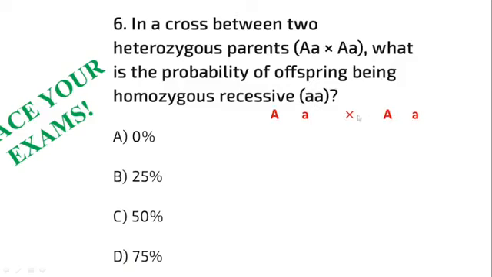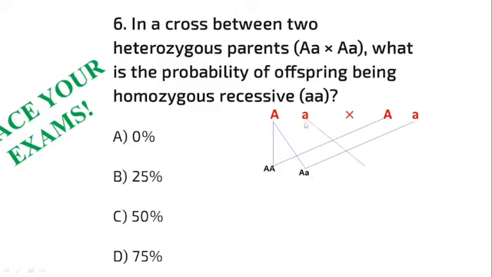This is the parental genotype. Then we can cross so that we come up with the percentage. When we cross the first allele with this first allele, we are going to have homozygous dominant, AA. Then we cross this allele with this one, we are going to have a heterozygous genotype, capital A and the recessive one.